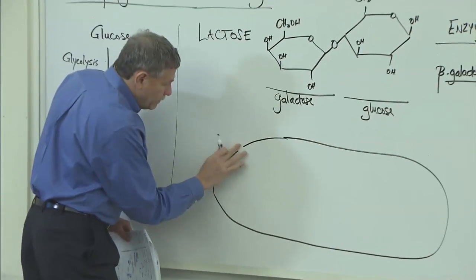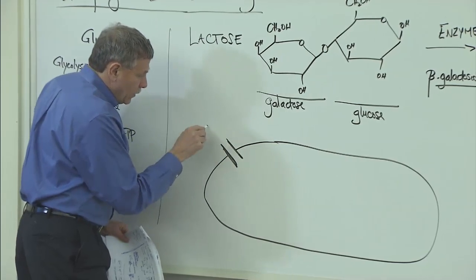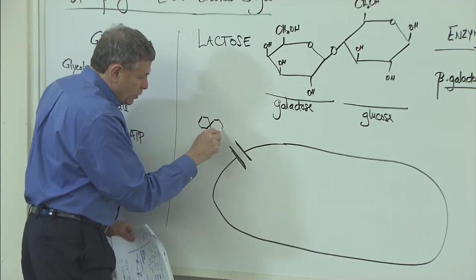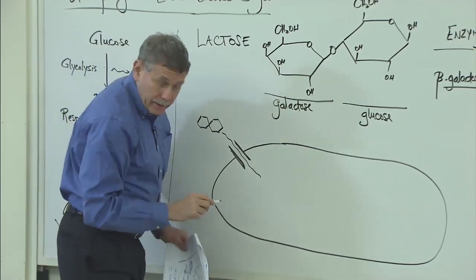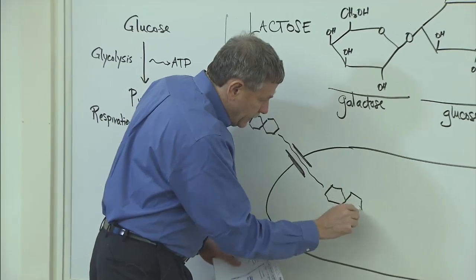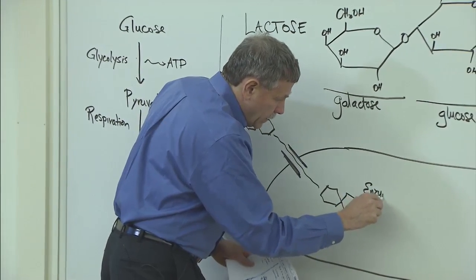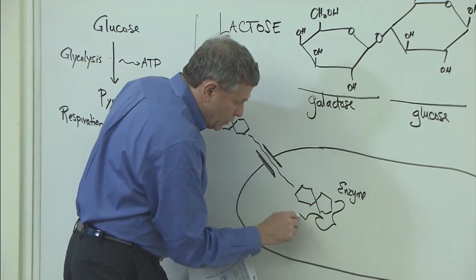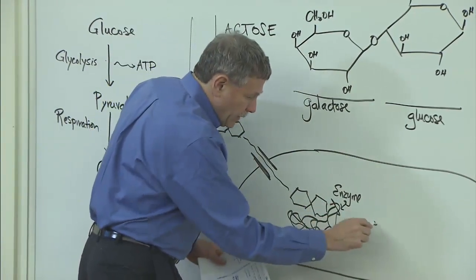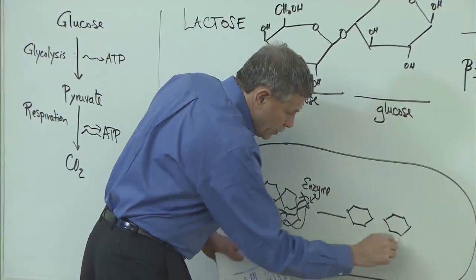And in the membrane, there'll be some mechanism that will allow our lactose, I'm just going to draw our lactose here now as these two hexagons, to get in, and then to get acted on by our enzyme. Here, I'll draw our enzyme as a protein that wraps itself around in some way, and it's going to then break it up into our two sugars.